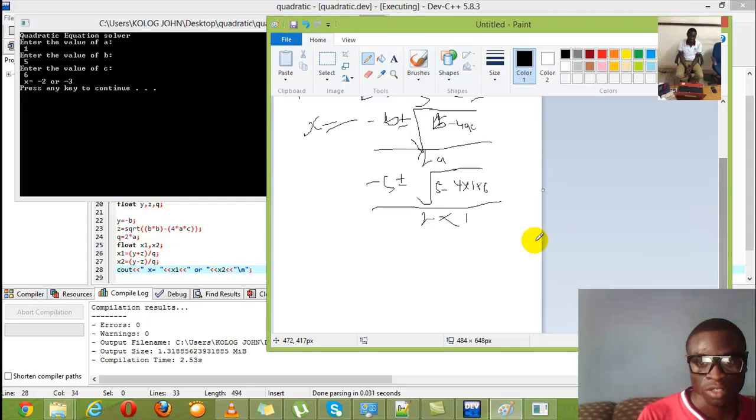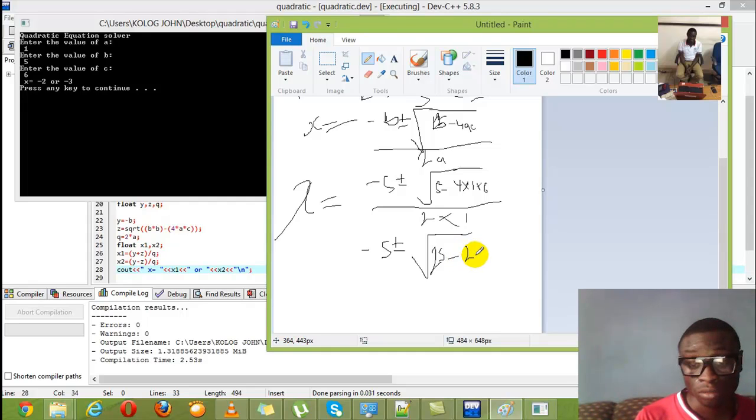So let's solve this and see what we'll get. That means our x is equal to minus 5 plus or minus the root of 5 square, which is 25, minus 24. That is 4 times 1 times 6, 24, all over 2 times 1.